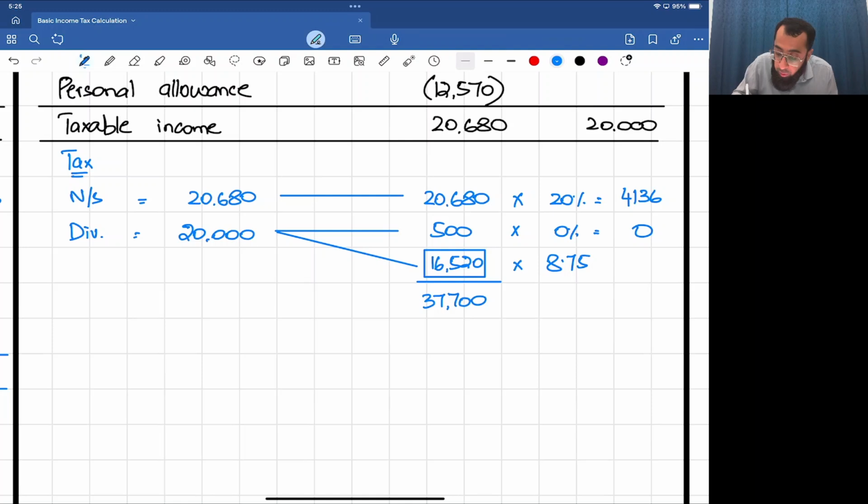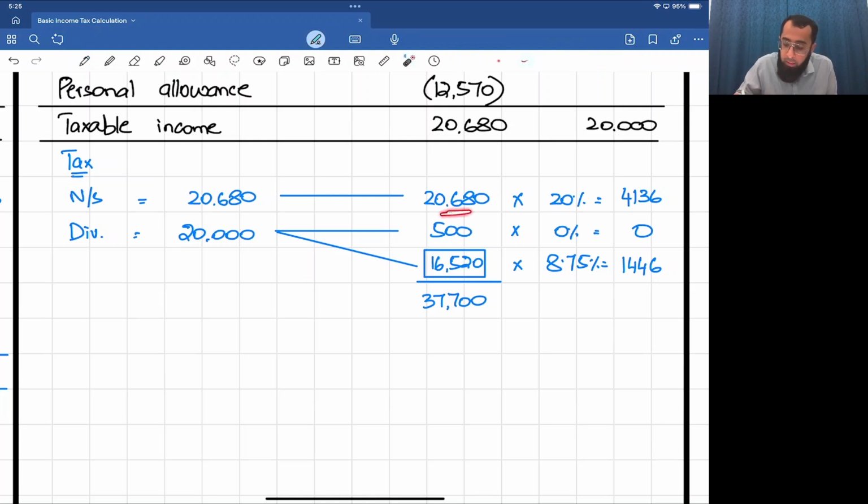The basic rate of tax for dividend income is 8.75%. So that gives us 1446. I believe that this is not something difficult which an advanced taxation student will feel any difficulty.